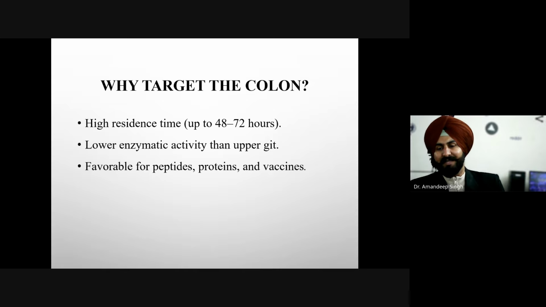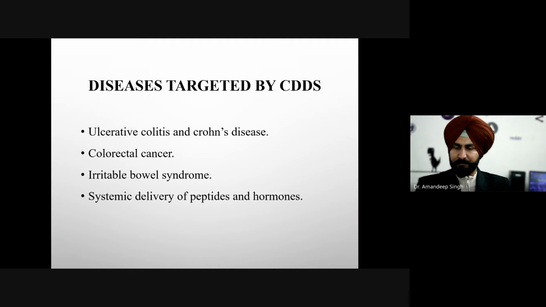Peptides, proteins and vaccines can also be delivered to the colon. Now, what types of disease can be targeted by colon drug systems? IBS, irritable bowel syndrome, is feasible, along with peptide and hormone delivery, colorectal cancers, ulcerative colitis and Crohn disease, as I have discussed already.